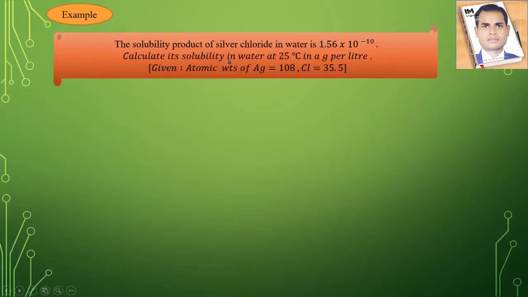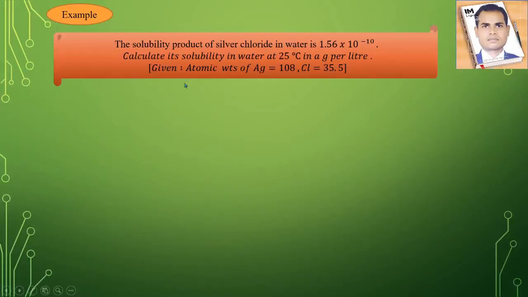Calculate its solubility in water at 25 degrees Celsius in gram per liter, given the atomic weights of silver, that is 108, and chlorine, 35.5.